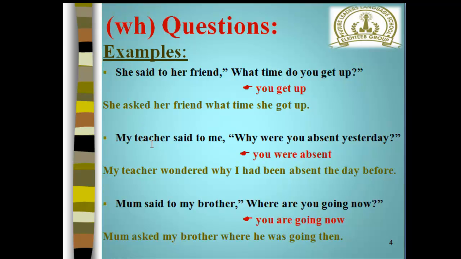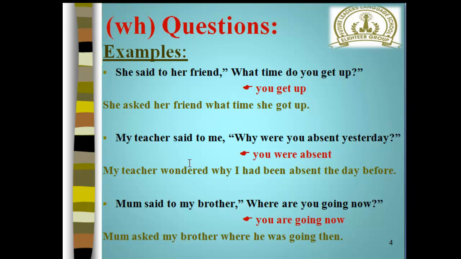Another example. My teacher said to me, "Why were you absent yesterday?" My teacher, don't say said to me. My teacher wondered. Then link using the question word itself: why. Change the question into a statement. Were you absent yesterday? Change it into a statement: you were, subject, verb. You were absent yesterday.